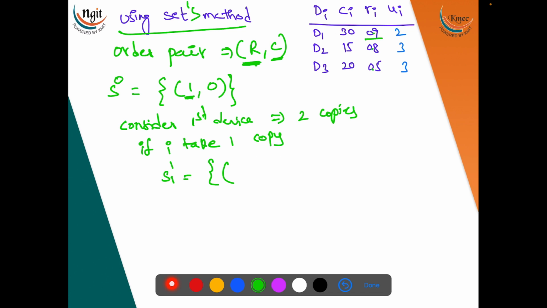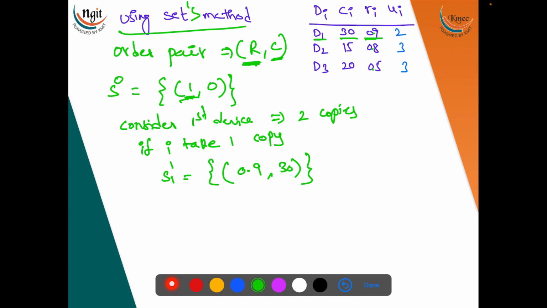So 0.9 into 1 is 0.9, comma, next is the cost. What is the cost of D1? The cost is 30, so directly write 30 here. So this is for a single copy.